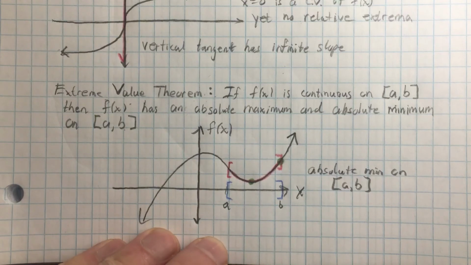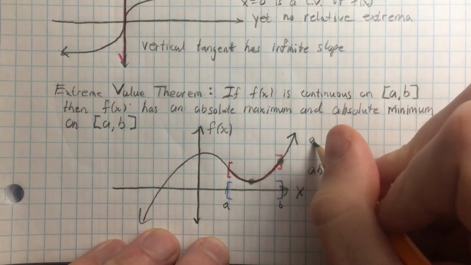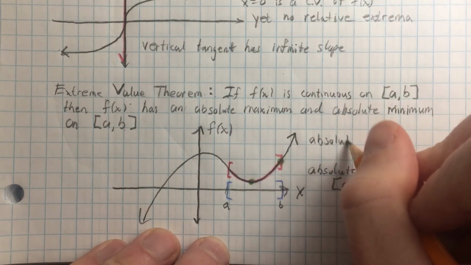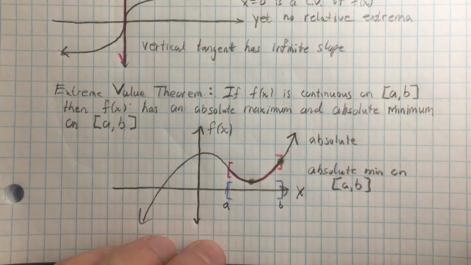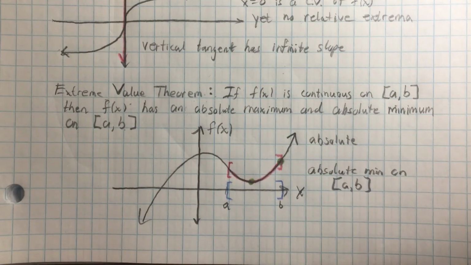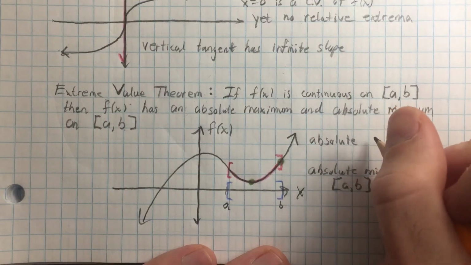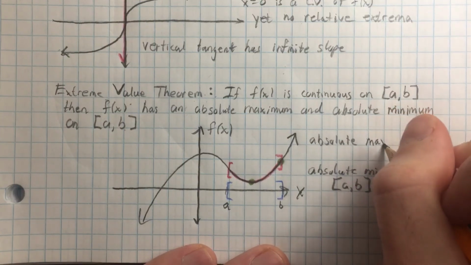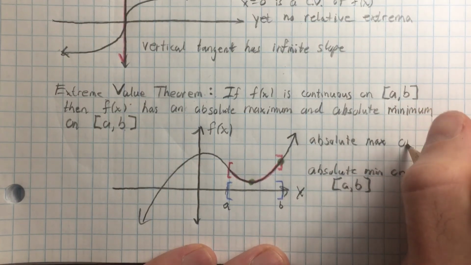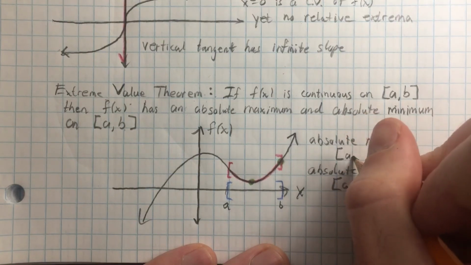So there's our absolute max over there at the endpoint. And in these types of problems, that is often where one of the absolute extrema will be located. It will be at the endpoints. So I have an absolute maximum, again, on closed interval AB.